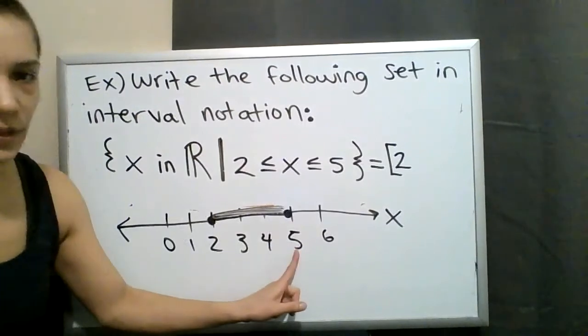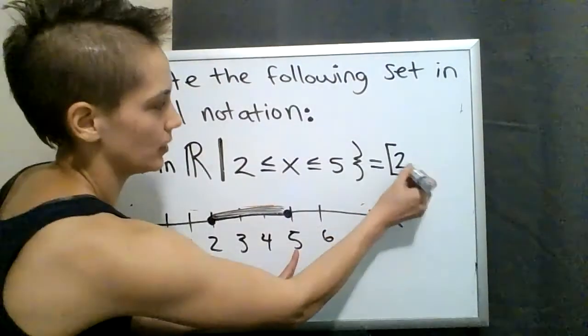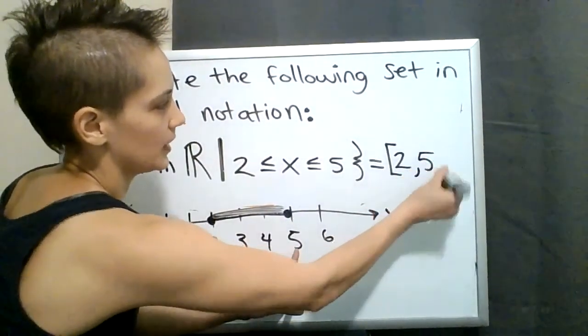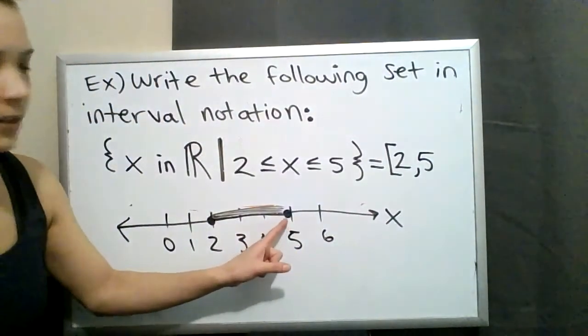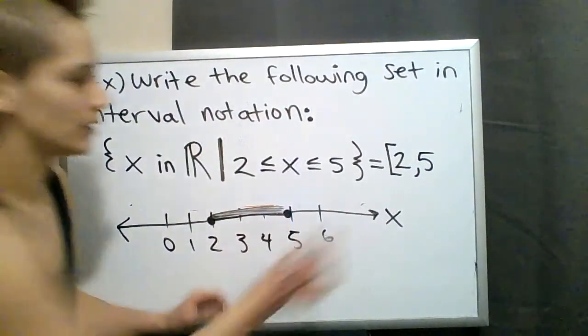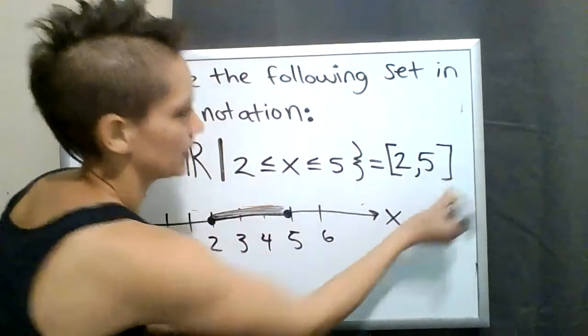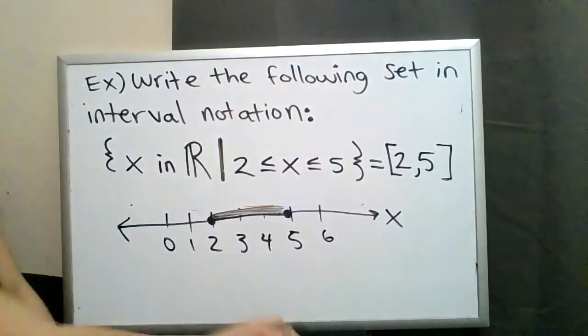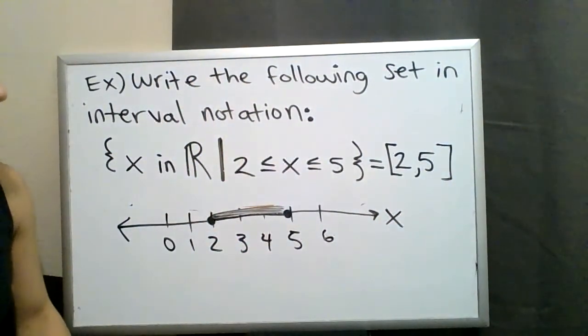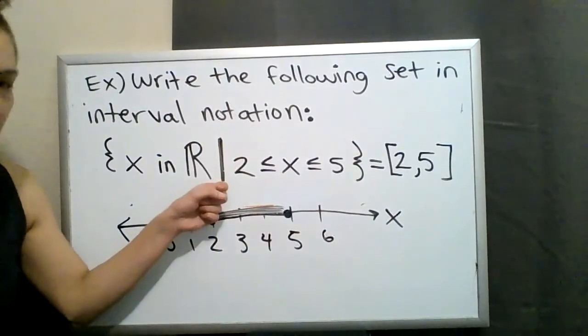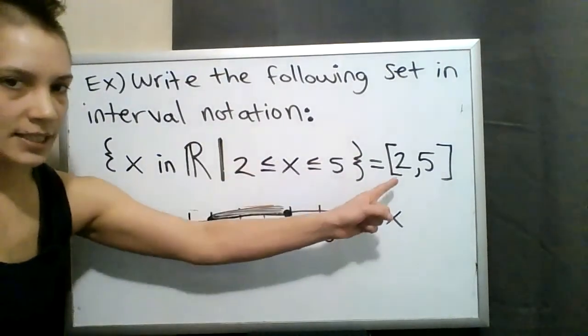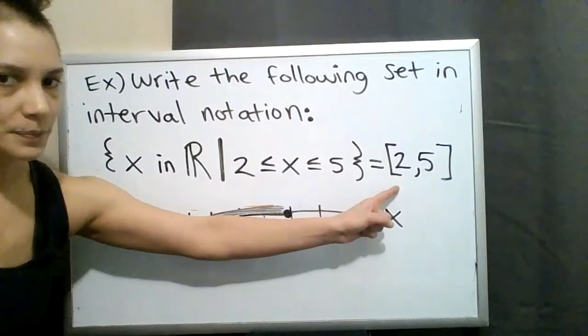Go up to the larger number 5. So 2 over to 5. 5 is included, so it gets a square bracket. x can equal 5. This is the set I gave you, and that's the set written in interval notation.